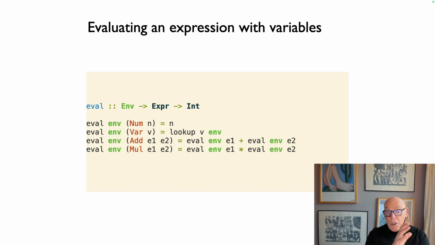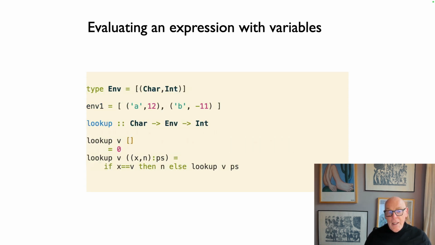So what I've described here is a high-level approach to how the environment works, but we better think about what the environment will be. How do we represent it? What's the type, capital E, env? And how do we define the lookup function? Well, here we are. What I'm proposing is we define the type env, and I've got a type synonym here, that it's a list of pairs of characters and integers.